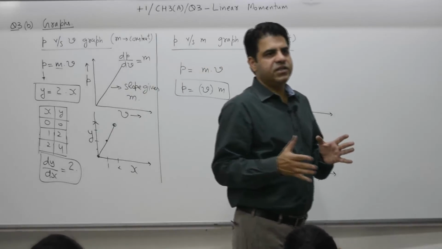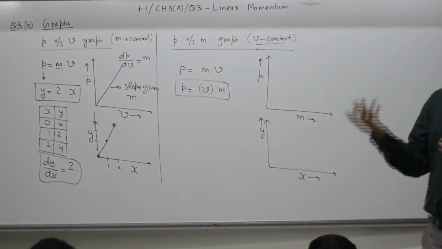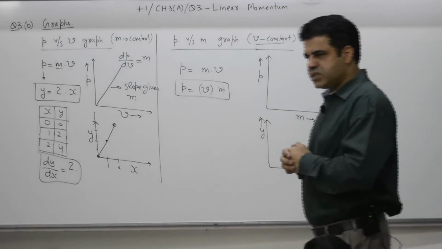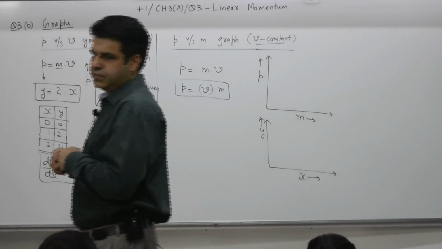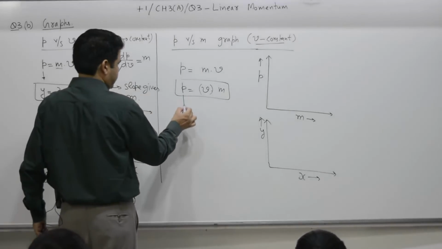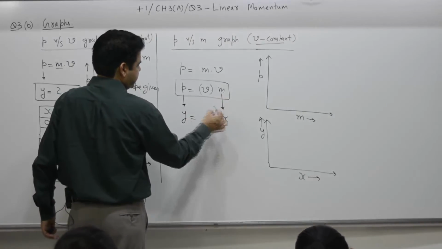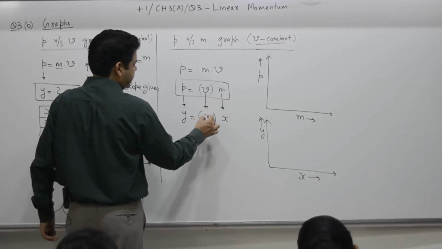At present, we don't have a discussion of examples because we will come across these in various chapters in +1 and +2. P is equal to Vm. P is what? Y. M is what? X. V is what? Constant, say 2.